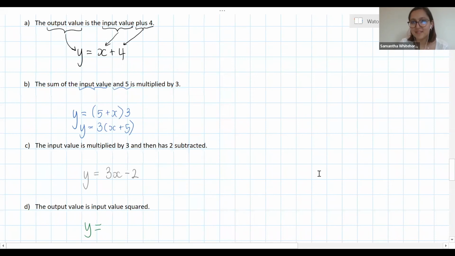Y is equals to x squared, ma'am. Excellent, well done. Y is equal to x squared. Fantastic. People are nailing this. Tabasing's very proud of himself, as he should be.